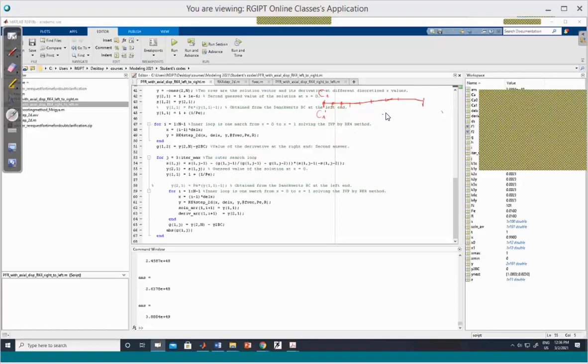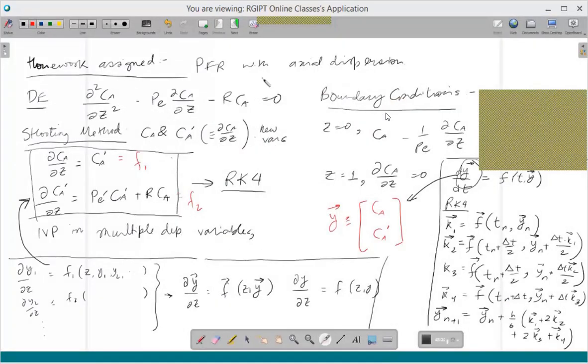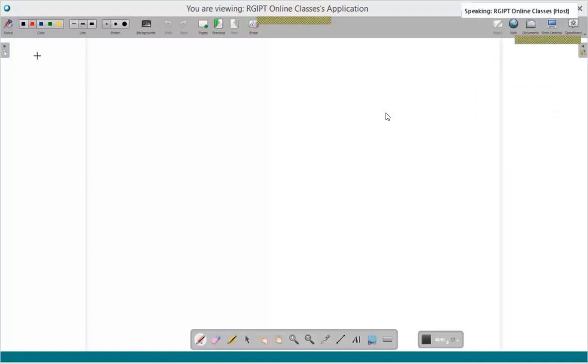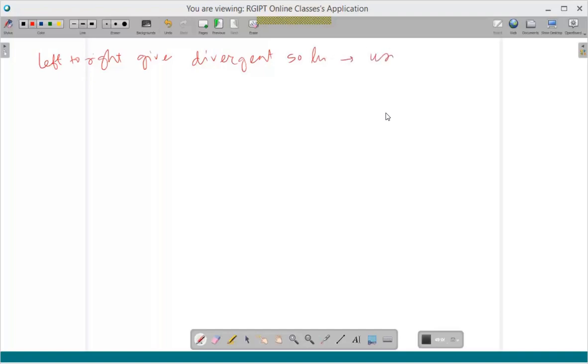You can still get rid of this problem by doing the following, so next I want you all to perform what I'm going to suggest now, and let me know. Basically, marching from left to right gives a divergent solution if using RK4.